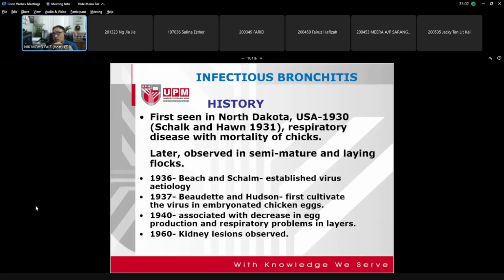If you refer to the previous Newcastle disease lecture, we have the Beaudette form too, named after them. In the 1940s, the disease was associated with decreased egg production and respiratory problems in layers. Later on, kidney lesions were also observed in certain strains of infectious bronchitis.